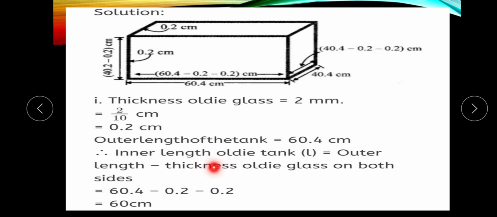Therefore the inner length of the tank L is equal to outer length minus the thickness of the glass on both the sides. Both the sides the thickness will be reduced, so that's why we are reducing 0.2 twice. That will give us 60.4 minus 0.2 minus 0.2. That will give us 60 centimeter. That is the inner length of the tank.